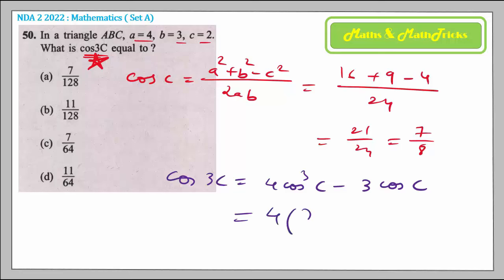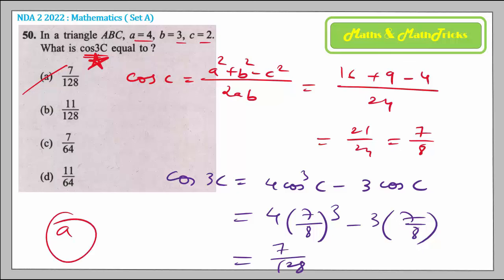So 4 into 7 by 8 the cube minus 3 into 7 by 8, you calculate this, you are going to get this answer 7 by 128, because you can take the LCM here. 7 cube is going to be 343, 343 into 4, you do, and this here, multiply there by 64, 8 cube will be the LCM. You will ultimately get this answer 7 by 128, and hence the answer option number A for this. Coming on to the next question now.